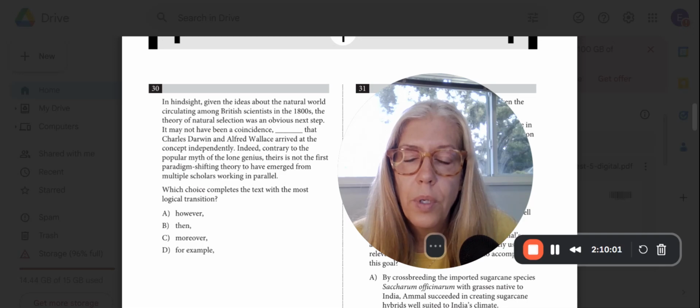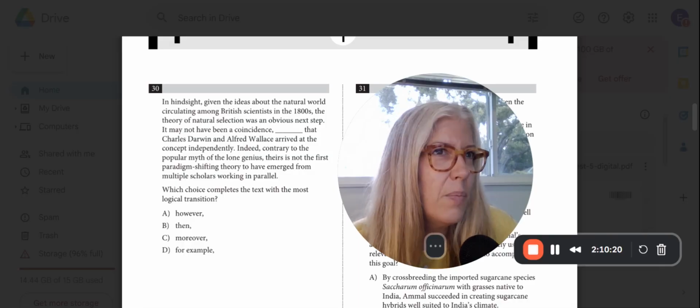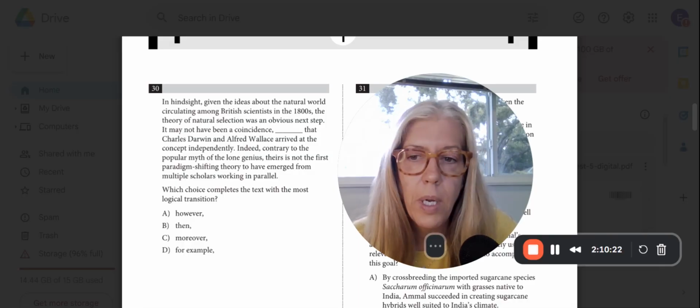Okay, so it may not have been a coincidence. However, it may not have been a coincidence then. Moreover, they're not adding on more information or proving a point.